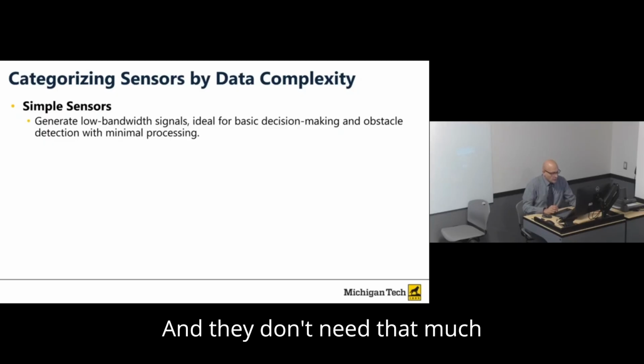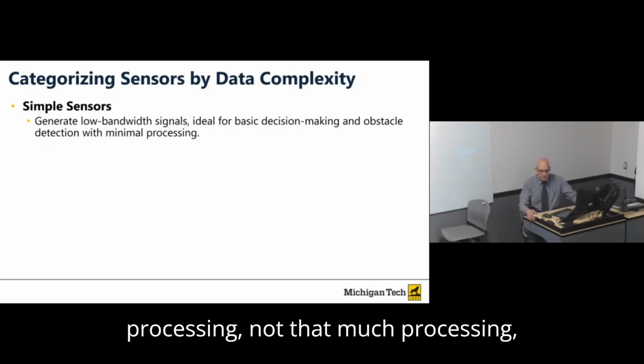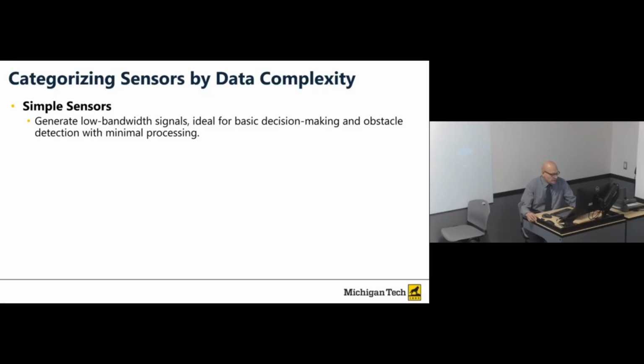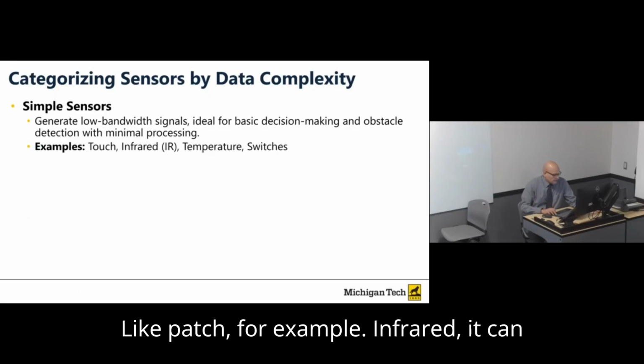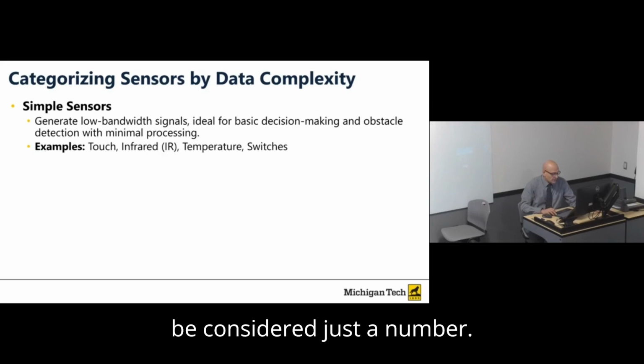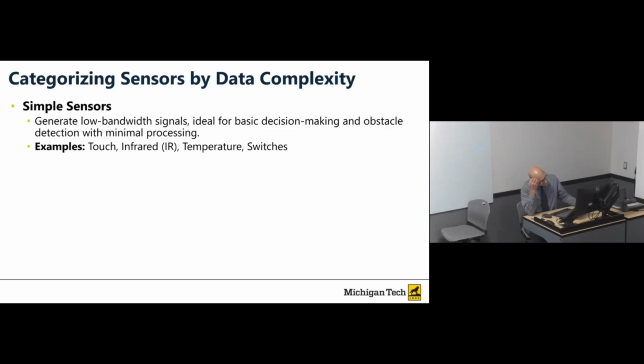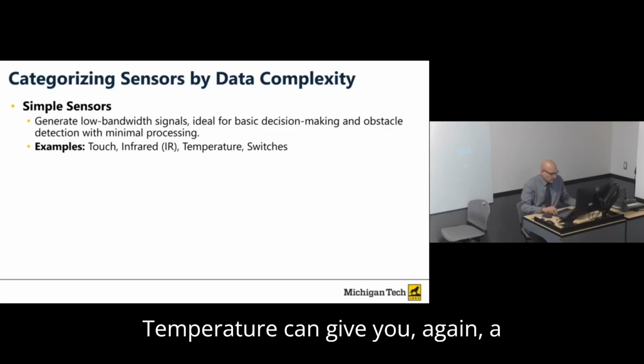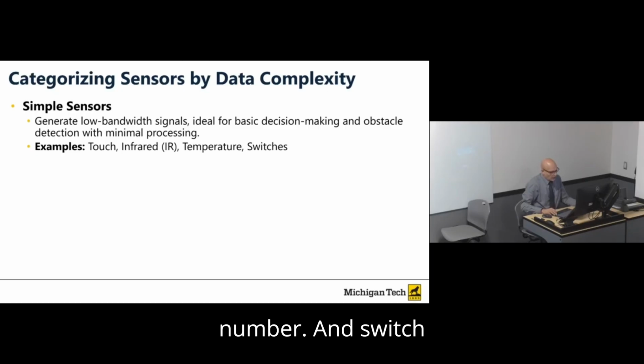They don't need that much processing, minimal processing. Infrared can be considered just a number that gives you distance. Temperature gives you again a number, and a switch can be 0 or 1.